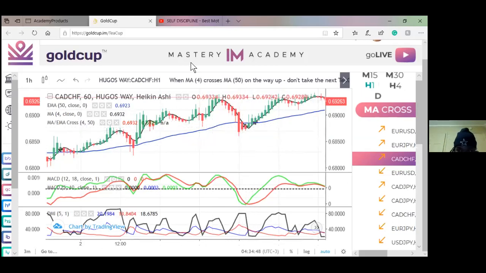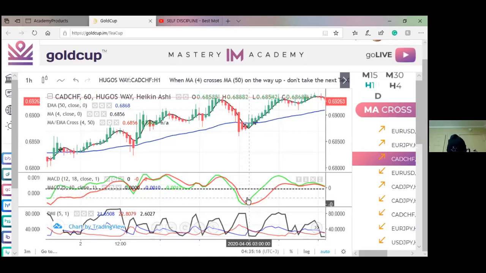See one more. I would have bought it right here and rolled it all the way up. You really just use the MACD and the DMI for confirmation.